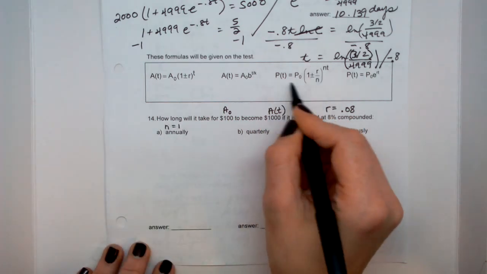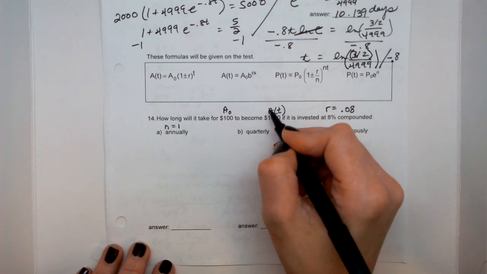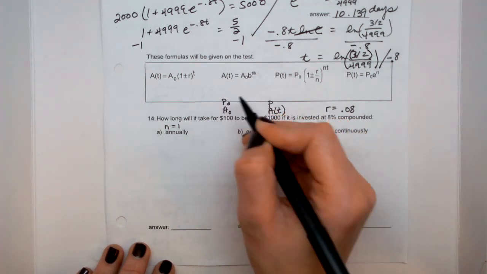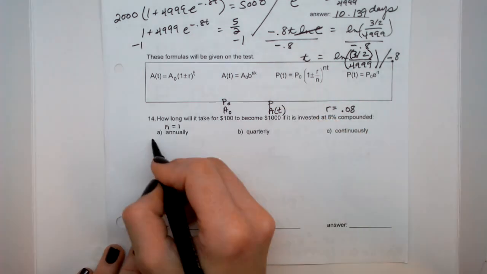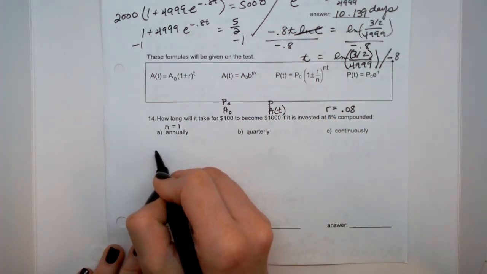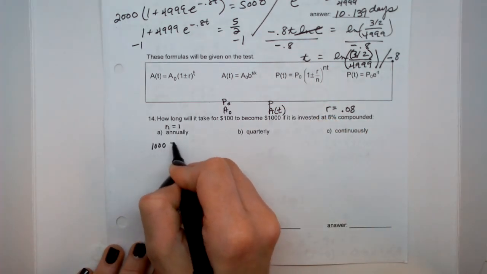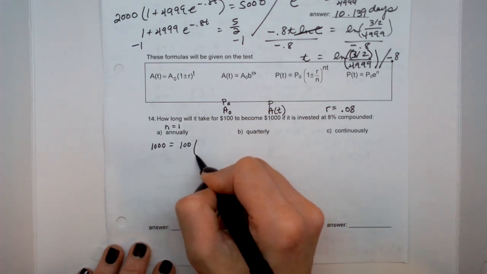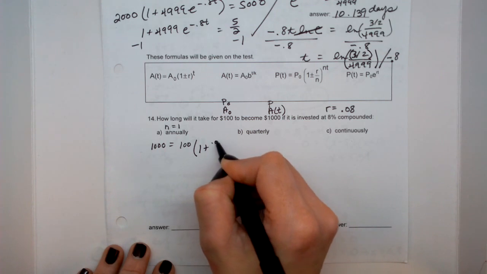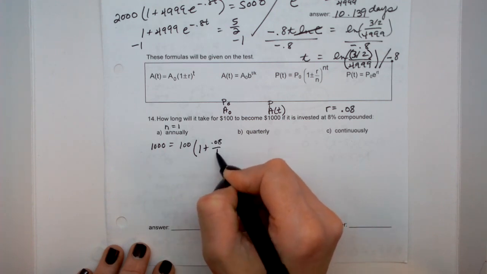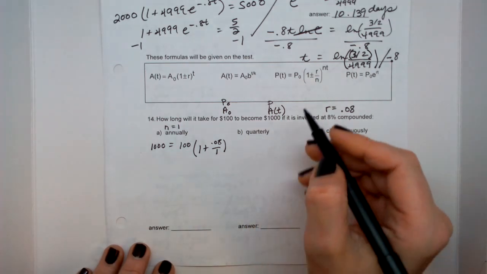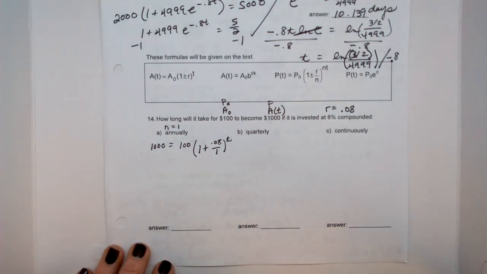So we'll take this formula, P of t. You could use a P instead of an A if you want. Okay, so the amount after time will be 1,000 is equal to 100, the initial amount or the principal amount, times 1 plus 0.08 divided by 1, your rate over your number of compoundings per year, raised to the 1 times t, which is just t.